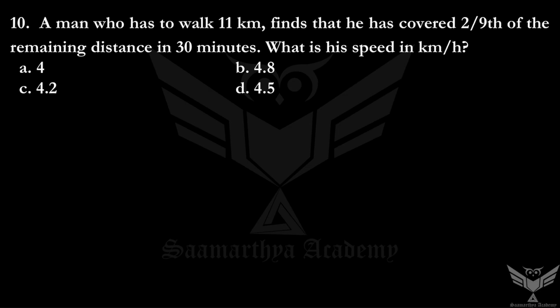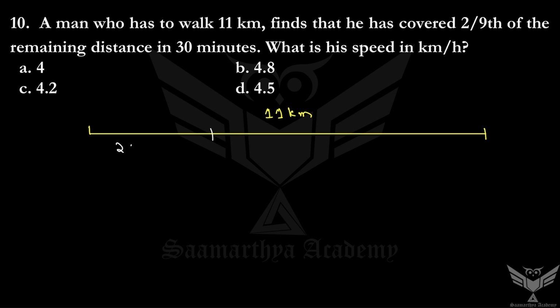A man who walked 11 kilometers finds that he has covered 2/9 of the remaining distance in 30 minutes. What is the speed in kilometers per hour? Now total distance is how much? 11 kilometers. Now one guy is covering some distance and this distance is equal to 2/9 of the remaining.